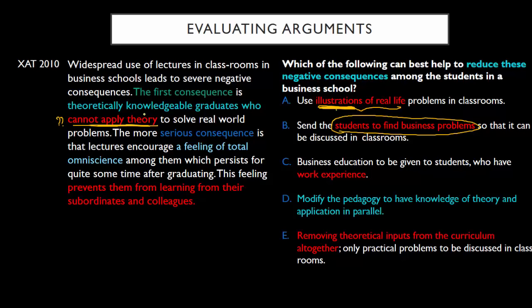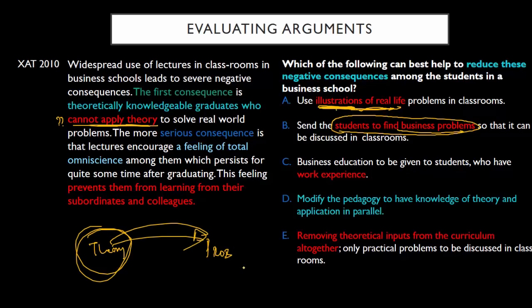They are not able to apply this theory. It is not that they don't know the real world problems. Even in this case, they'll understand the real world problems. But the question is, they cannot apply theory. There is a problem. There is a theory. The problem is they cannot apply it here. Just by knowing this problem does not really help. The bridge has to be something that helps them apply the theory to this problem, which is why A and B don't make sense.